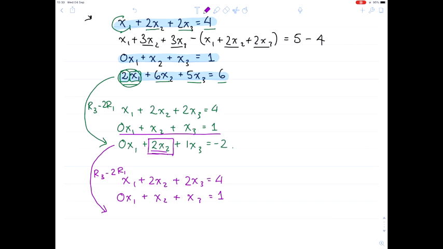So I've got a 0x1 from the third row, subtracting 2 times 0, which is still 0, so that keeps my 0. Now I've got 2x2 minus twice x2, so that gets rid of that x2. And now I've got 1 times x3 minus 2x3, so that's going to be a minus x3. I've got a minus 2 minus 2, which is going to give me minus 4.